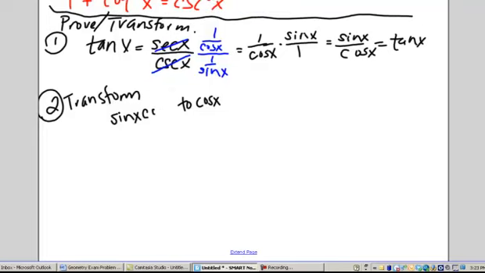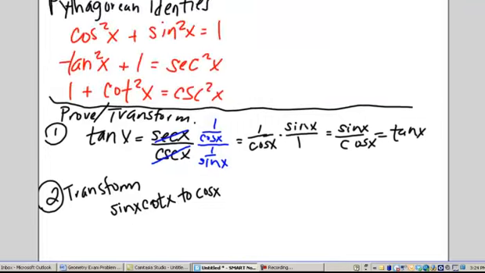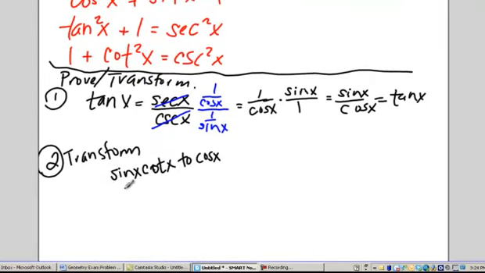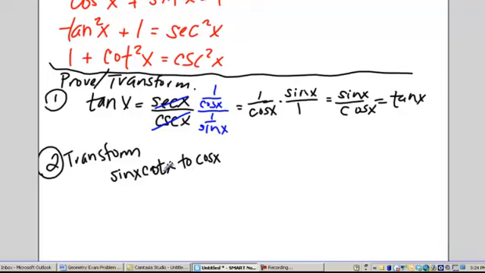Whoops. It's not cosine. Sorry about that, guys. It's cotangent. Okay? You'll start getting the hang of this. You're probably feeling a little overwhelmed. You just need to keep on referring back to our identities. So, we're trying to get sine times cotangent to equal cosine.